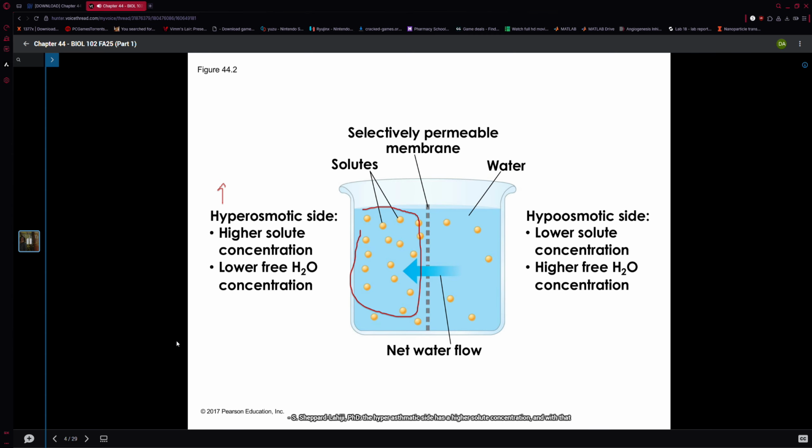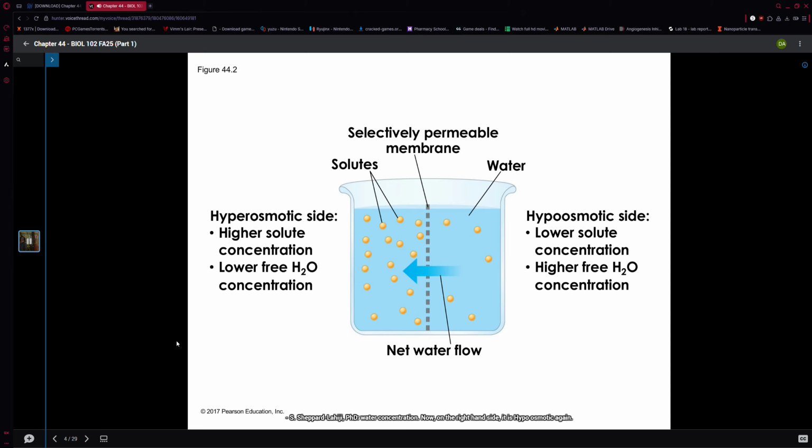So the hyperosmotic side has a higher solute concentration. And with that higher solute concentration, there is lower free water concentration. And the second part just hasn't been a way that we've described it in previous iterations of this concept. So that's just something to add in to our discussion now. So we have a higher solute concentration, a lower free water concentration.